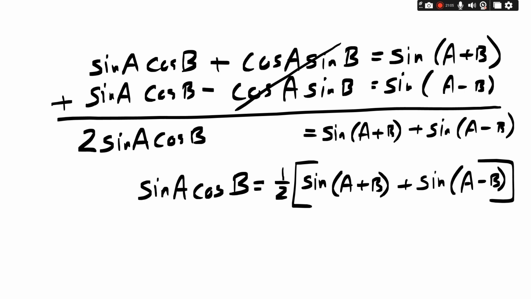And I could just do this for all the other ones as well. If we did the exact same piece for another one here. So let me just write it out. There's going to be 4 of them. And all we do is we just pick one of the sum identities, one of the difference identities, and we just see what happens.